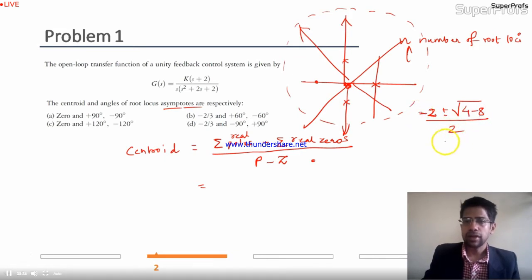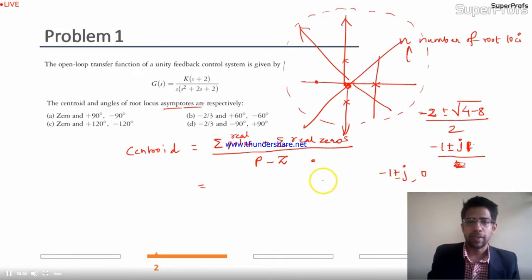So you have minus 1 plus minus 2j by 2. So this is not 2 here, this will be 1 again. So you have minus 1 plus minus j as the two complex roots.